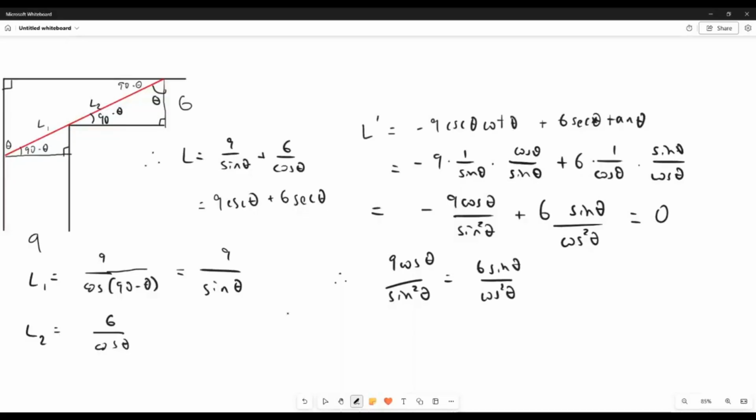Now we get this equation with just sine and cosine. We can rearrange this to 9 cosine theta cubed is equal to 6 sine theta cubed. By simplifying, we can get tangent theta cubed is equal to 3/2. In order to solve for theta, we get theta is equal to the inverse tangent of the cube root of 3/2.